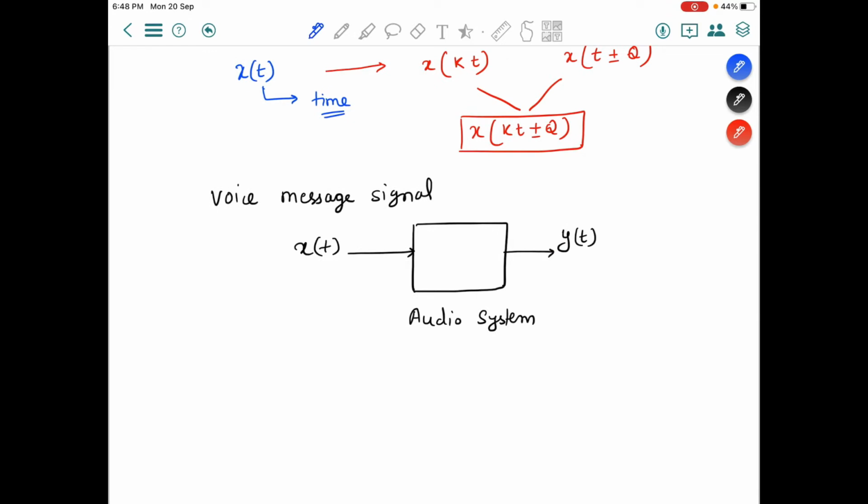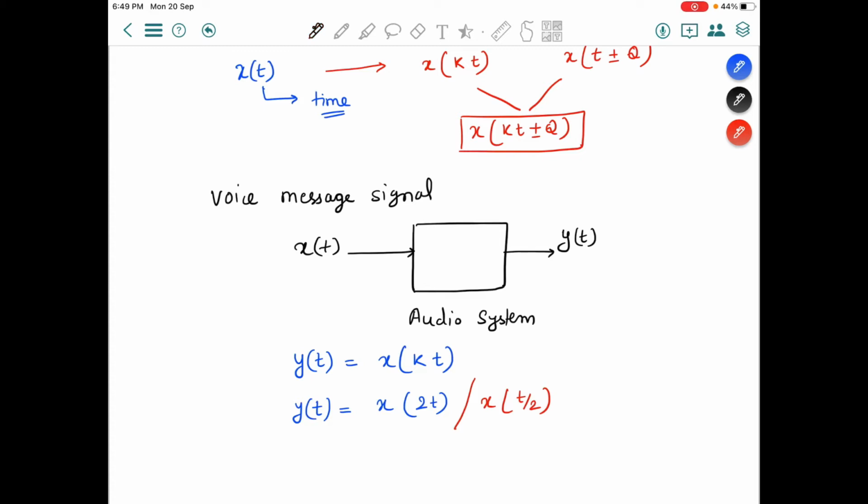What this audio system is doing is producing a y(t) which equals x of k times your independent variable, that is t. For example, suppose we want to hear our message signal at 2x speed, so we'll take x of 2t. Or suppose we want to hear our message signal at a slower rate, so we'll do x of t by 2.